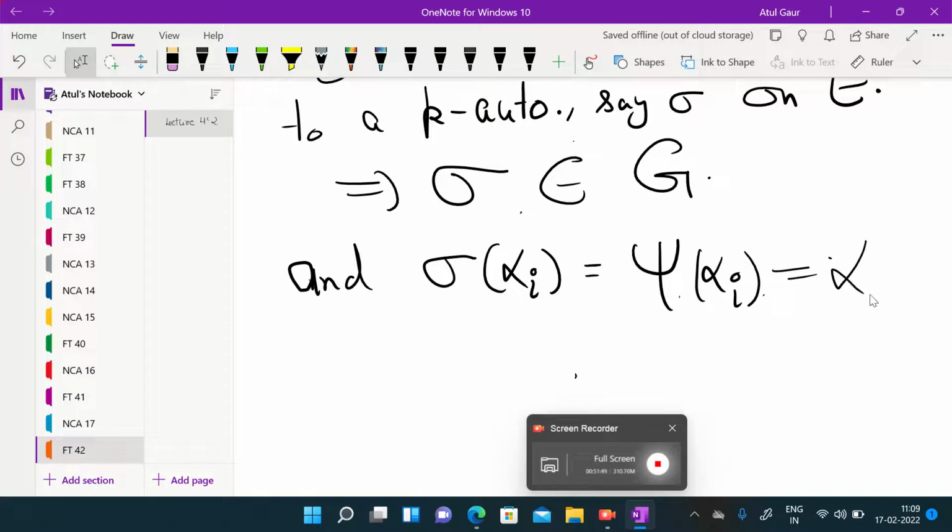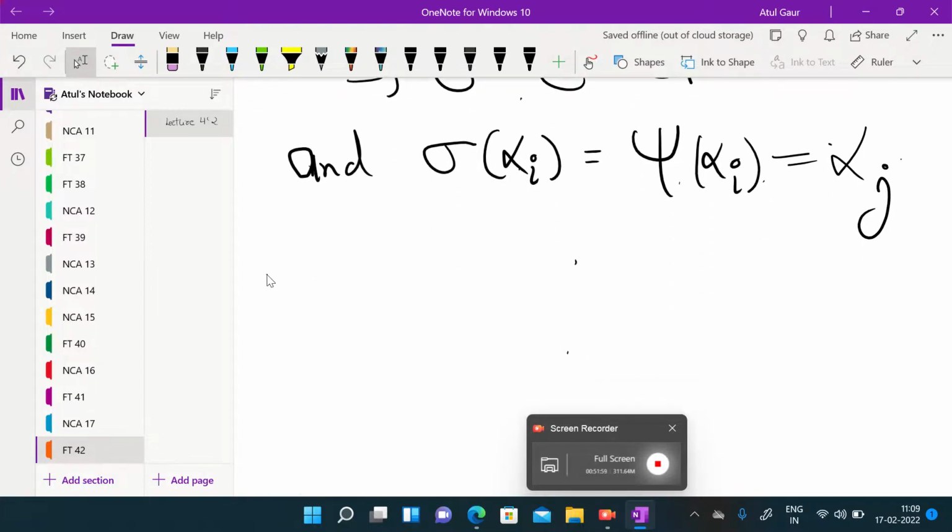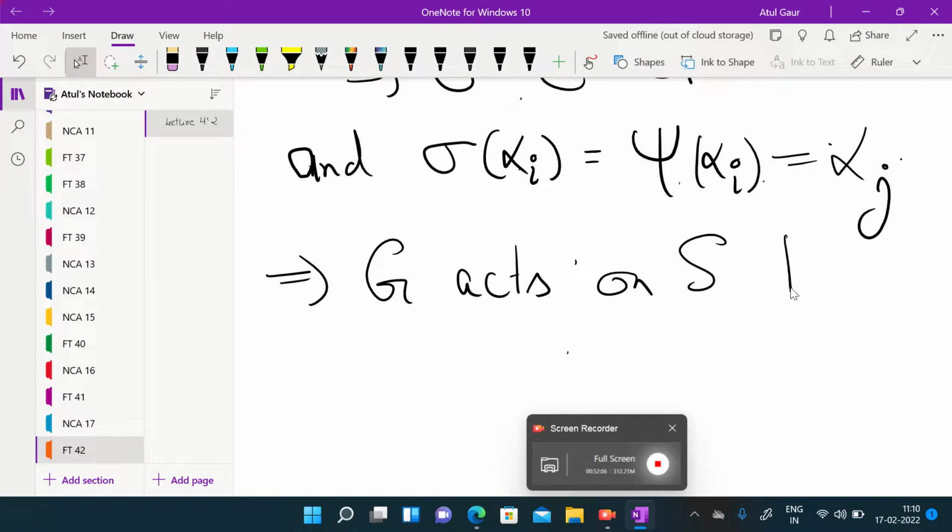So finally you have obtained an automorphism which maps alpha_i to alpha_j. That means, because alpha_i and alpha_j are arbitrary, G acts on S transitively.